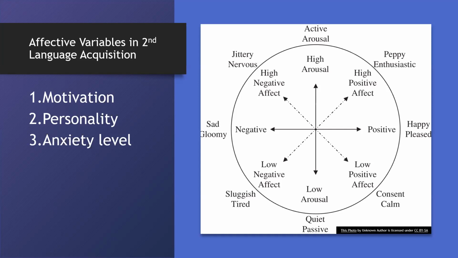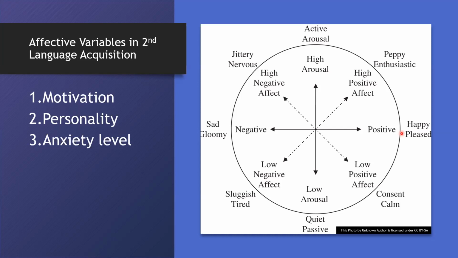So this is one of my favorite representations of emotion vocabulary, and it is the circumplex model of arousal. What it's really trying to show is that on the x-axis we have what's called valence, which is between negative and positive.